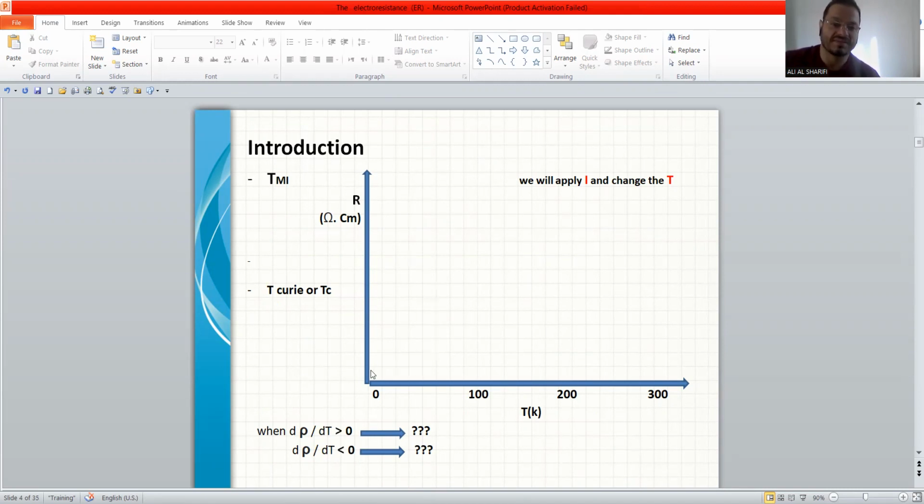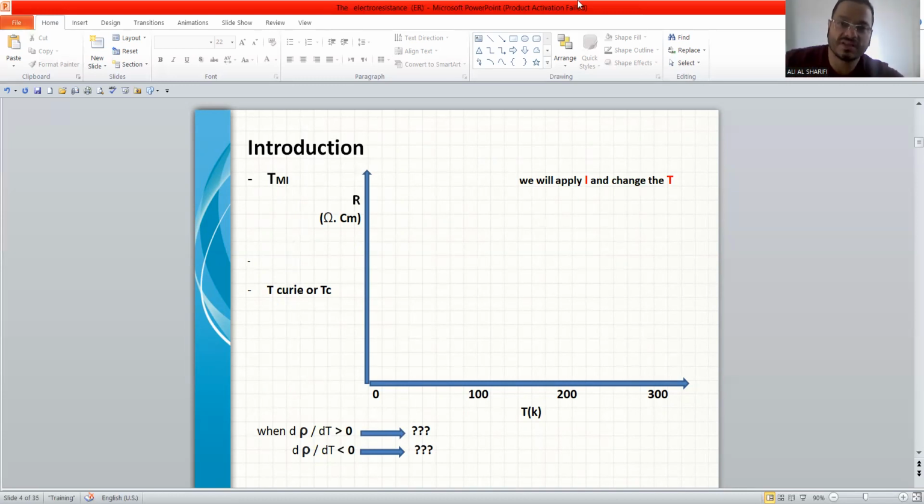Now, let me explain what the insulating-metallic transition is, what the Curie temperature is, and what the difference between them is, which one is on which side and dealing with which properties. Actually, the insulating-metallic transition temperature deals with insulating and metallic behavior, and the Curie temperature deals with ferromagnetic and paramagnetic states.